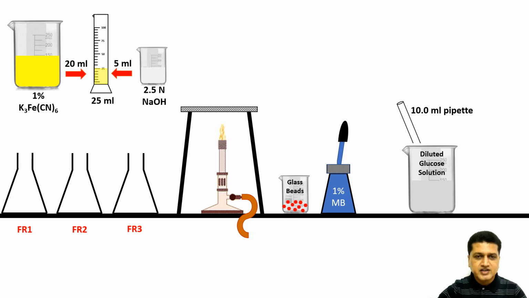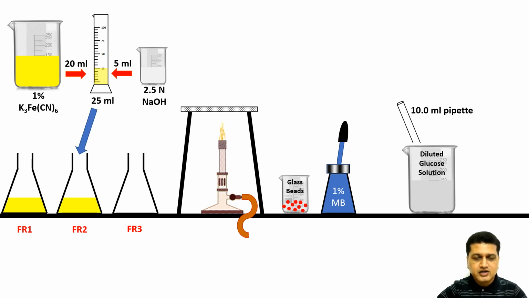First, take 20 ml of 1% potassium ferricyanide and 5 ml of 2.5 normal sodium hydroxide in a measuring cylinder and mix it to get yellow colored mixture. Add this 25 ml of alkaline mixture into 100 ml conical flask labeled as FR1, that is final reading 1.